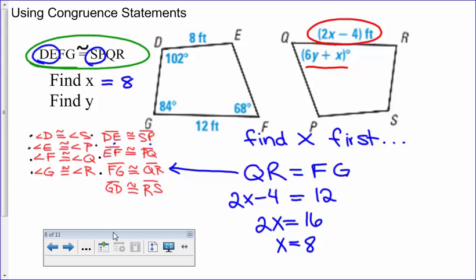I still need to find y, so we're going to take that and plug it back in right here. So we've got that 6y plus x, which is 8. We got to figure out what to set it equal to, though.